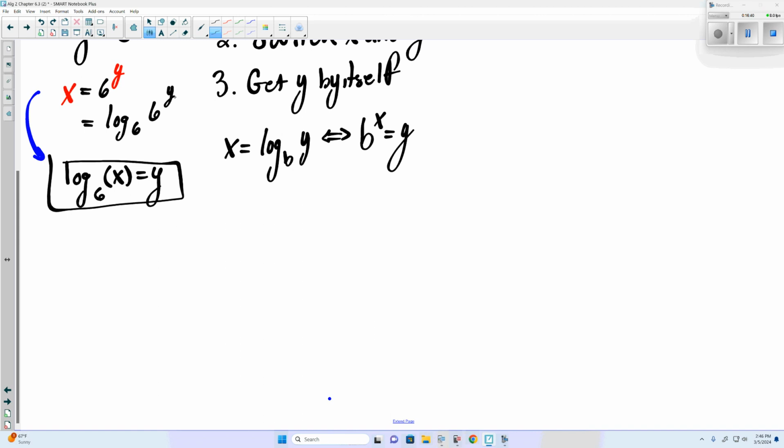We picked log base 6 because our base of what we're starting out with here is 6. Because log base 6 of 6 to the y becomes y. But we also have to apply it to our x, which gives us log base 6 of x equals y. Questions on this here?